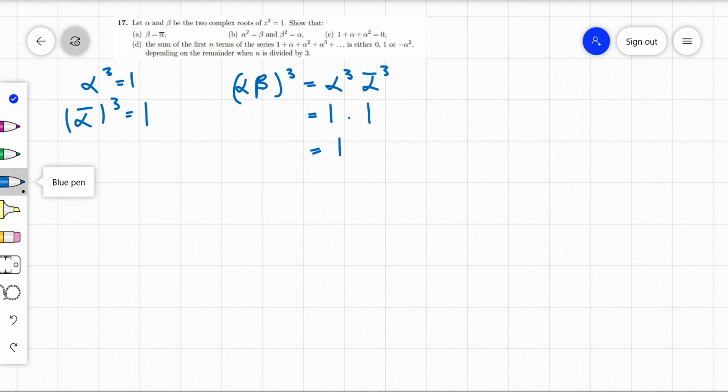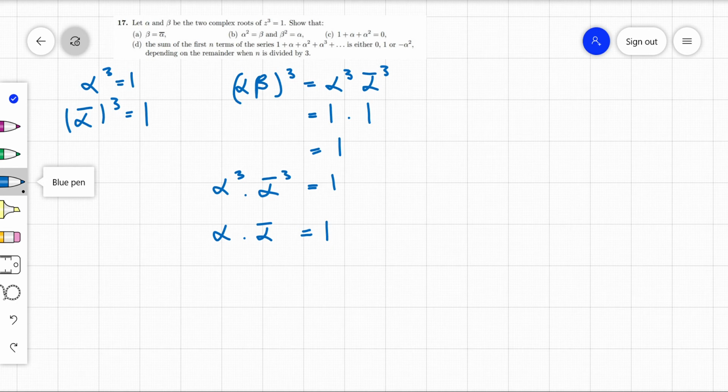So let's use that. Here we've got alpha cubed times the conjugate of alpha cubed, and we know that equals 1. If I cube root both sides, I've got alpha times the conjugate of alpha equals 1.